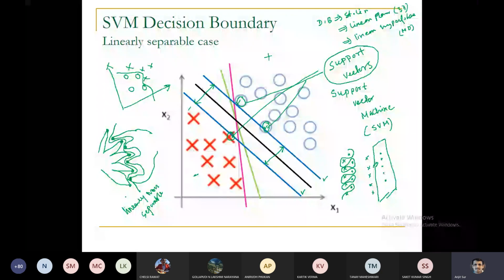If you go to three dimensions, that means what? If you just open up this hand, then what happened? Then there is a linear plane separating the data points. What are the data points? The fingertips are the data points.